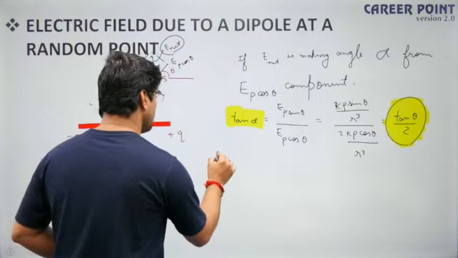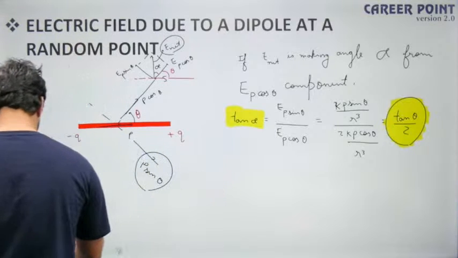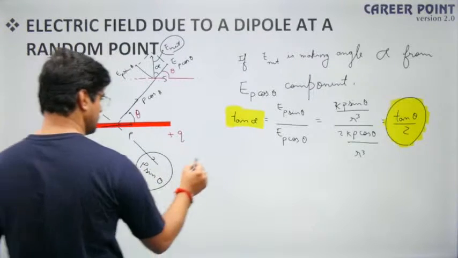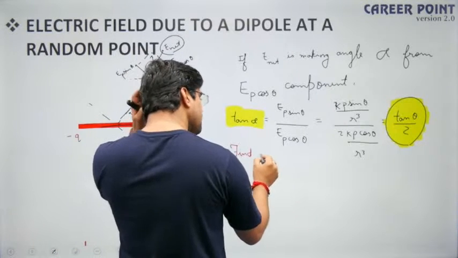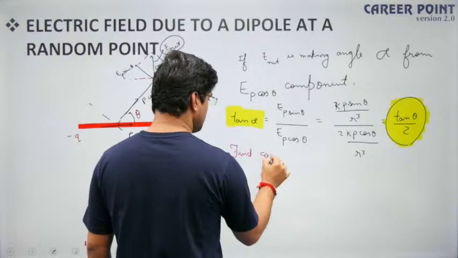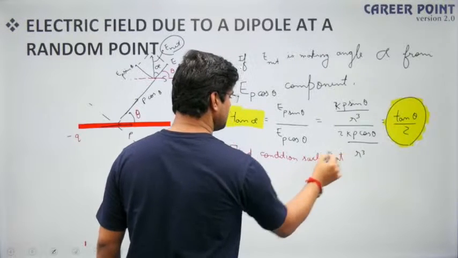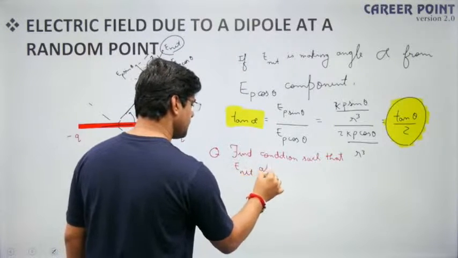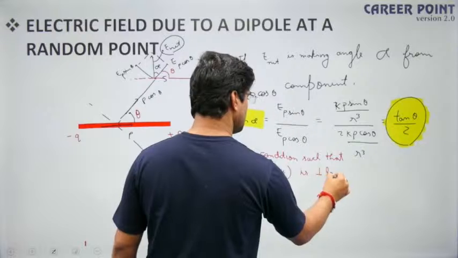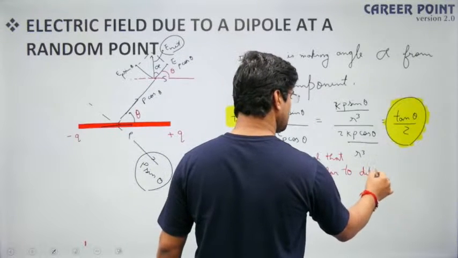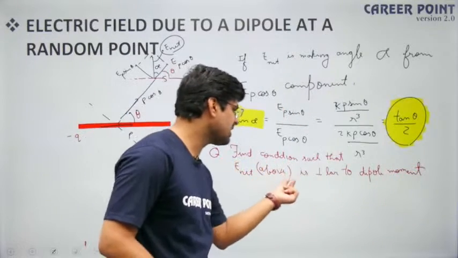Find the condition such that E net above is perpendicular to dipole moment.